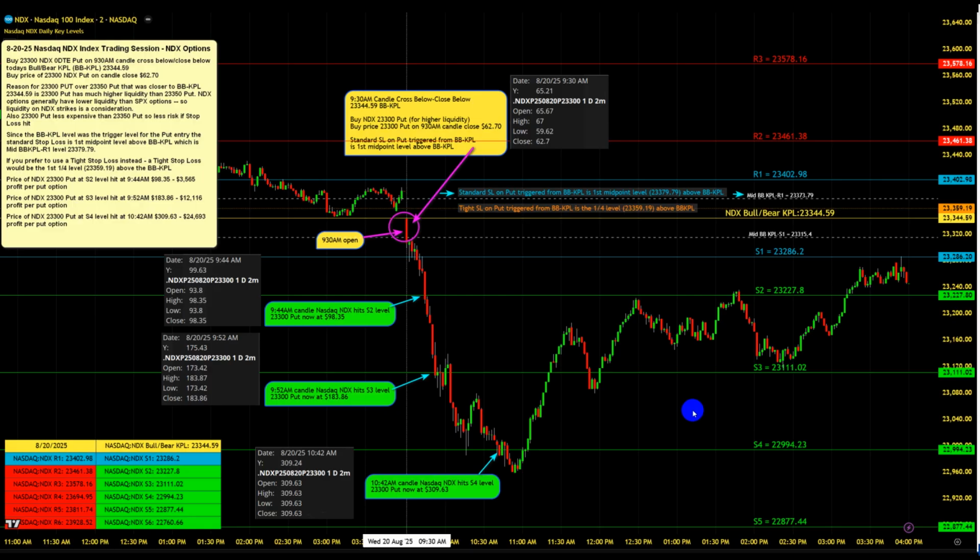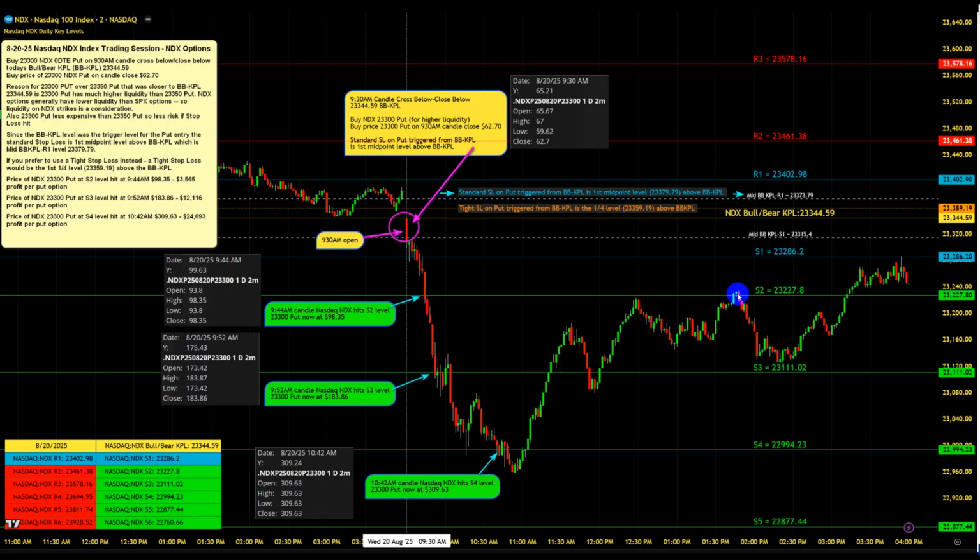The indicator will display up to 6 support levels and 6 resistance levels along with the bull bear key price level. The bull bear key price level is what the indicator has analyzed as the important bull bear pivot for this session. So it would be bearish below and bullish above.